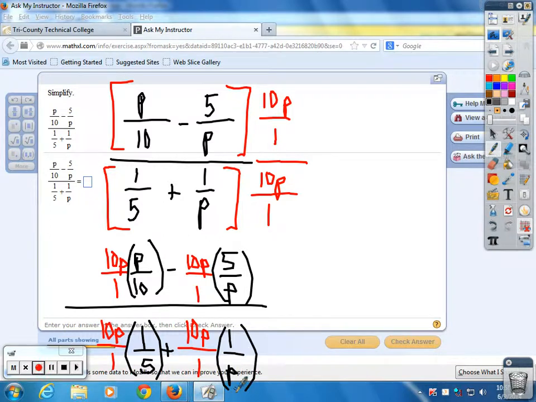And let's take our blue marker. And what happens here? And what do you get? p squared minus what? 50.